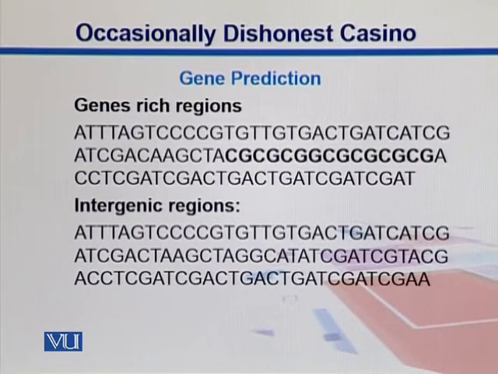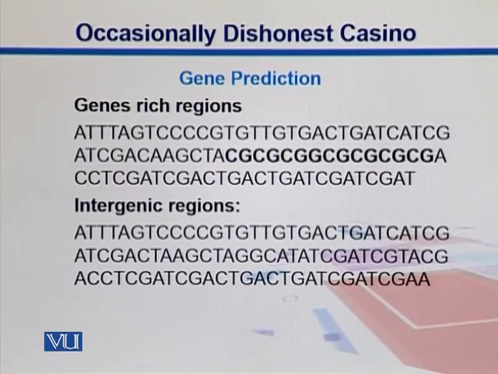So let's see how this fair and loaded dice example is comparable to gene finding situations. If we look into the gene-rich regions, we see that there are some nucleotides which are present more frequently. For example, there is one thing called CpG. The p is just to keep track that the C and G are coming from the same strand.